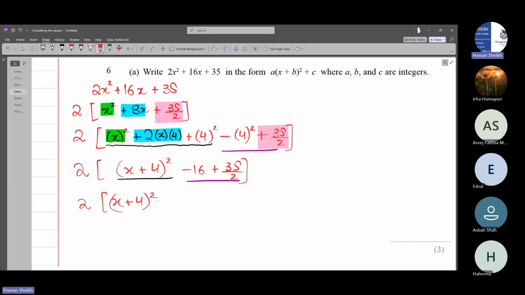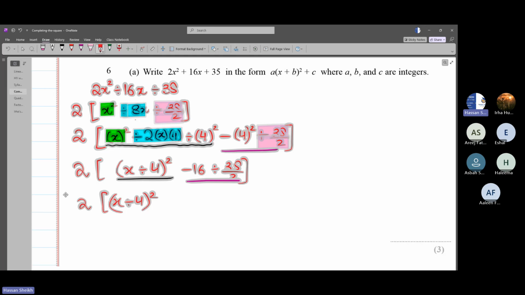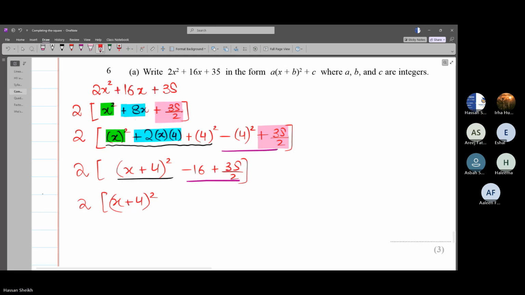So we have 3 over 2, positive 3 over 2, because minus 16 plus 17.5 is 1.5, which is plus 3 over 2.